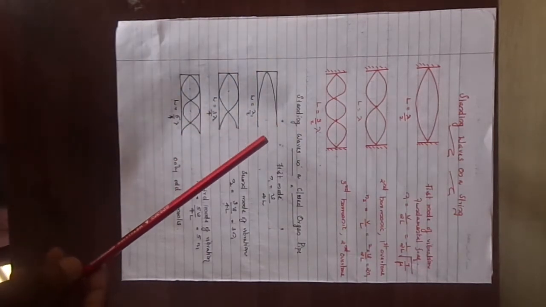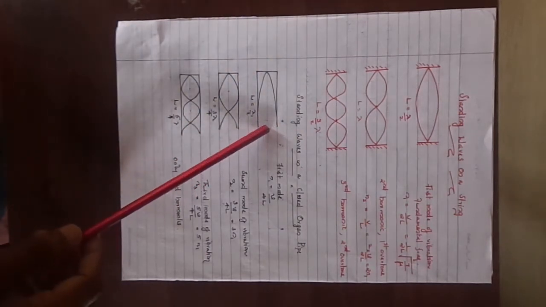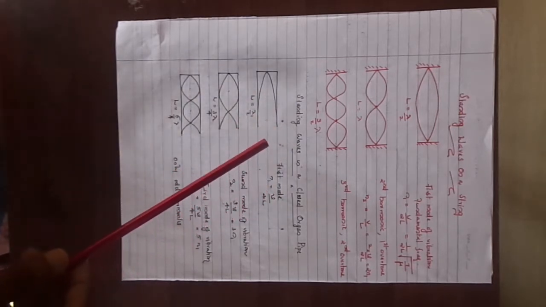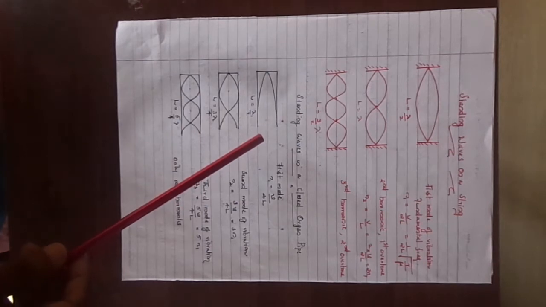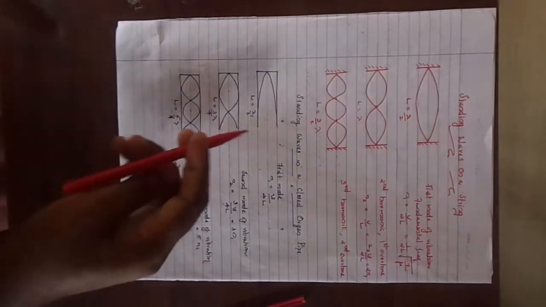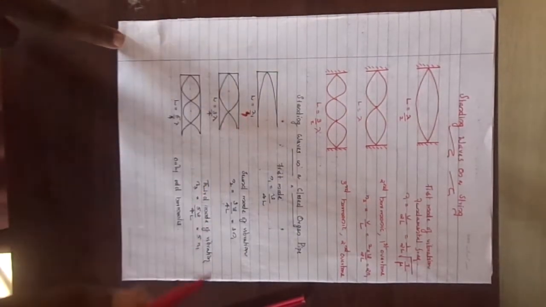So the first fundamental mode of vibration is this one, with frequency N1 = v/λ. How can we find it? A very important concept: it is not λ/2, here it is λ/4. So λ can be written as 4L. That is the first fundamental mode.